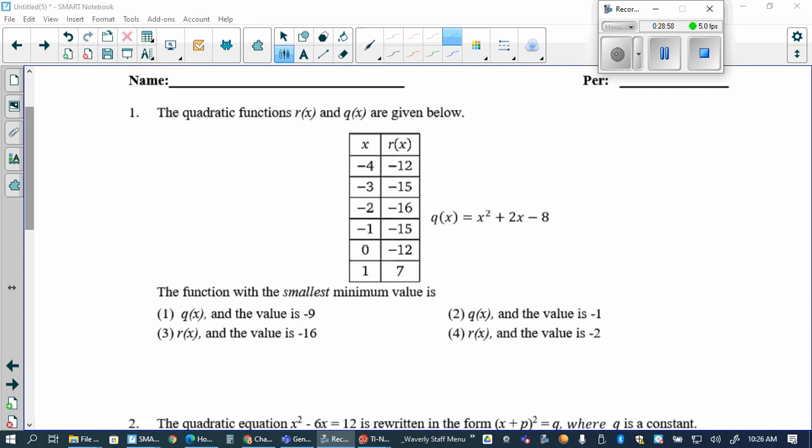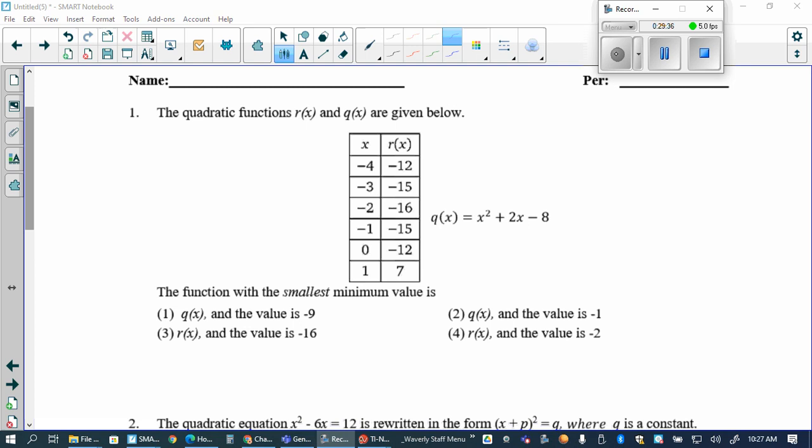Where do you find the minimum or maximum value of any parabola? Think of the graph. No. The turning point. What do we call that? Vertex. The vertex is either going to be a min or max value, right? Depending on if the parabola is concave up or down. Okay.